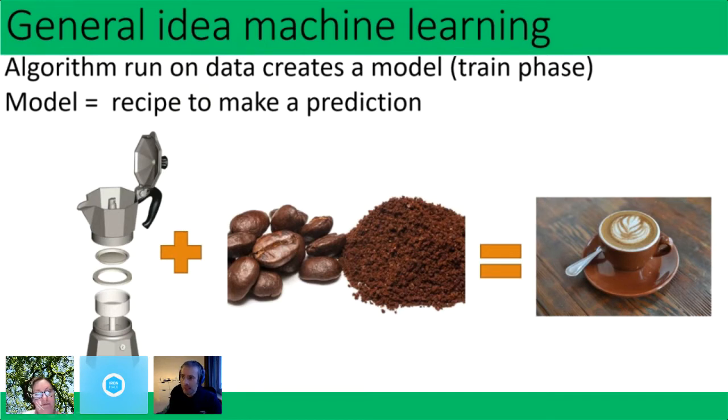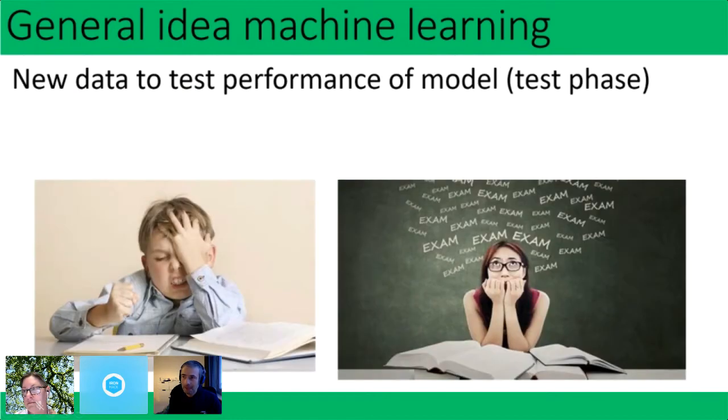So after we created the model using the algorithm and part of the data, and we will see an example, the next step is testing the performance of the model.